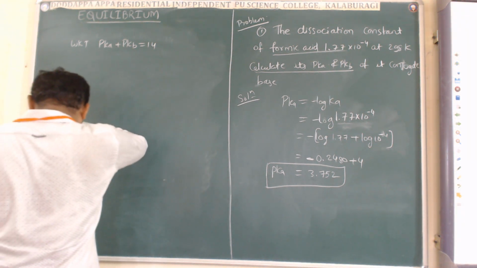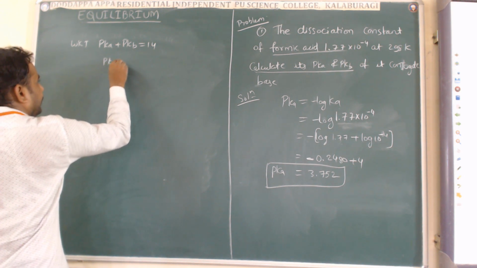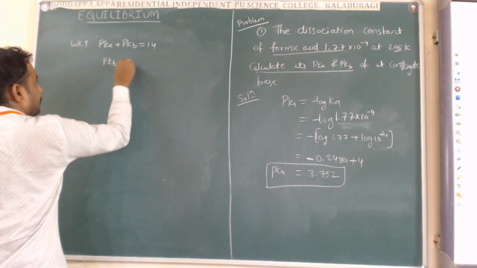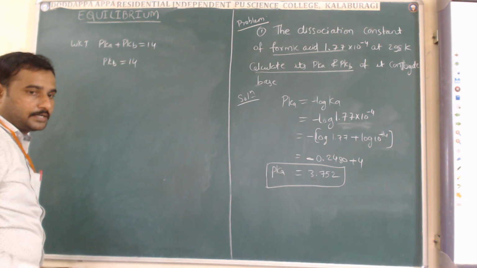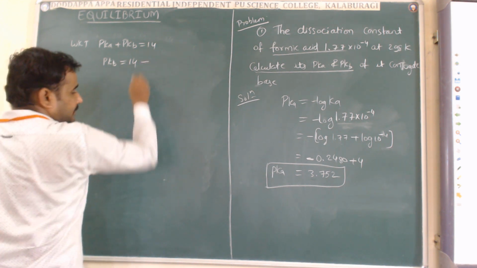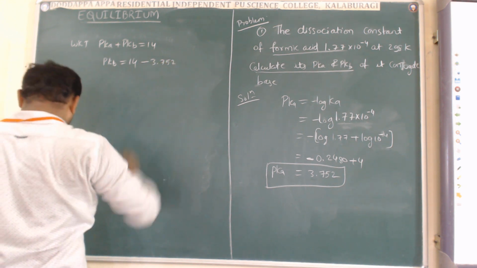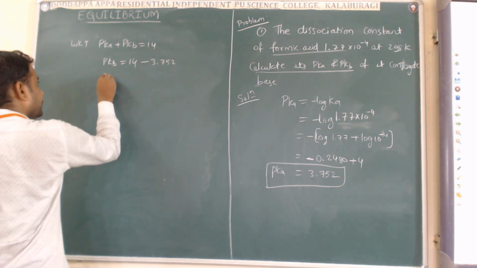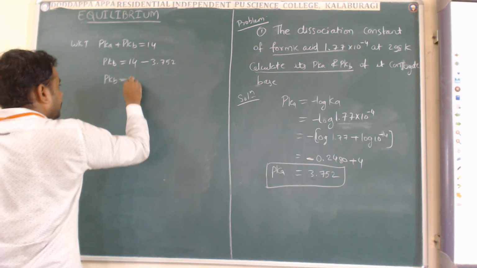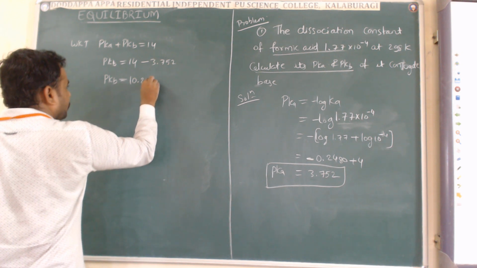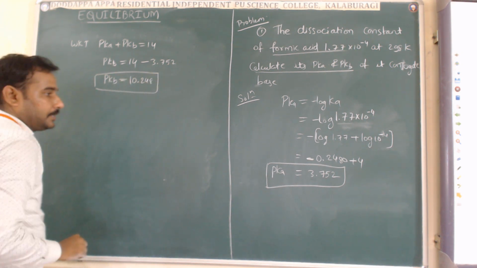Then pKb is equal to 14 minus the pKa value, so it becomes 14 minus 3.752. Then the answer we are getting is pKb equal to 10.248.